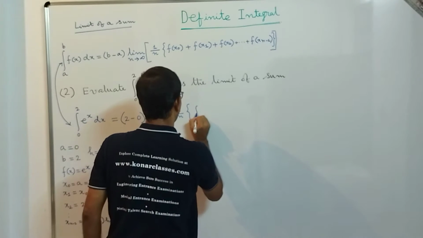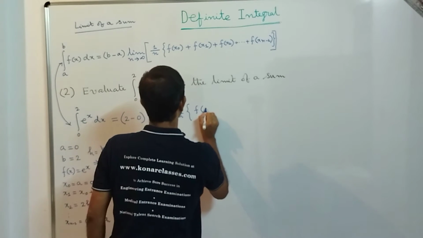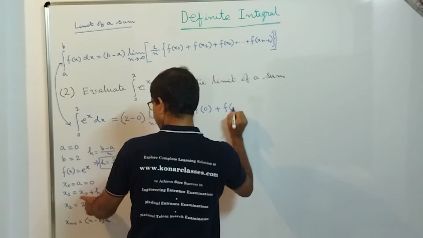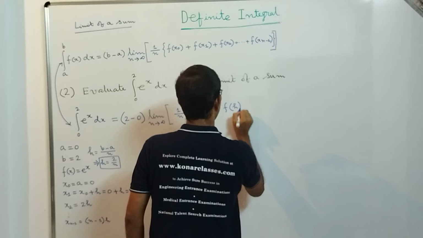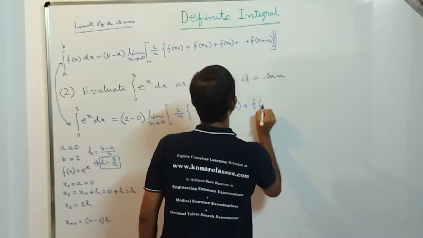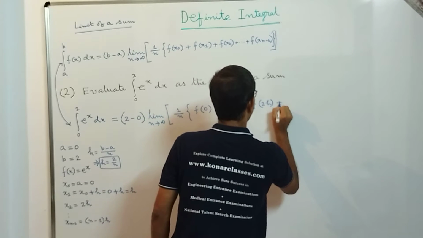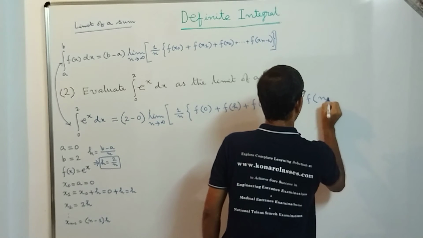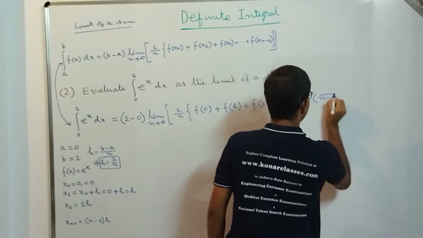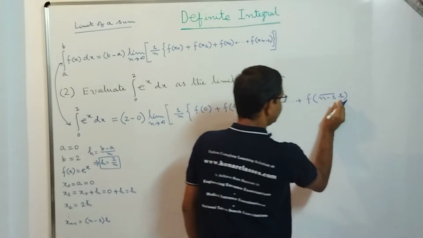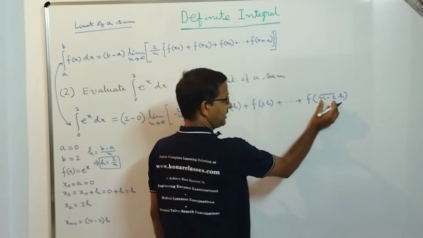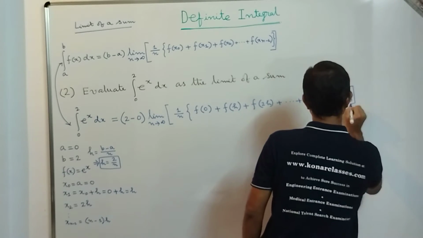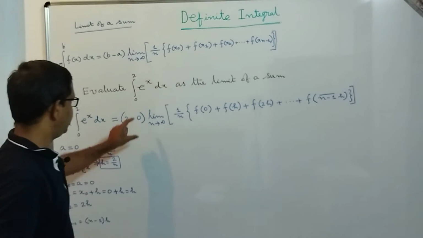Here it will be f of 0 plus f of h, since x1 is h, plus f of 2h. In that way it will continue till f of (n minus 1) into h. Here h is multiplied with the complete n minus 1, okay. So this is the value of this limit.